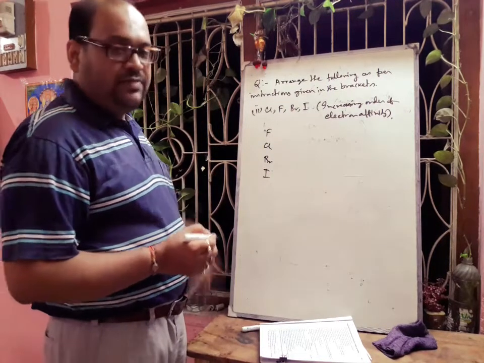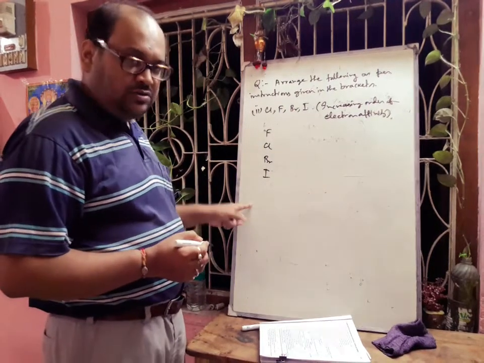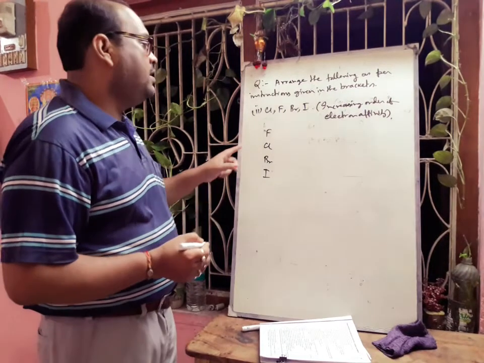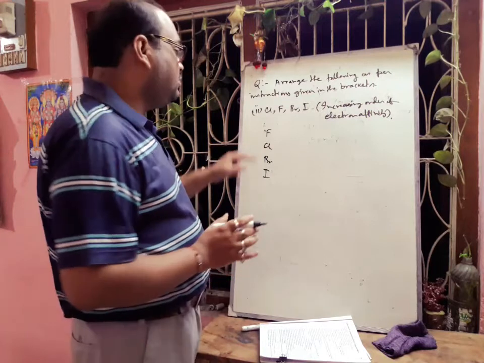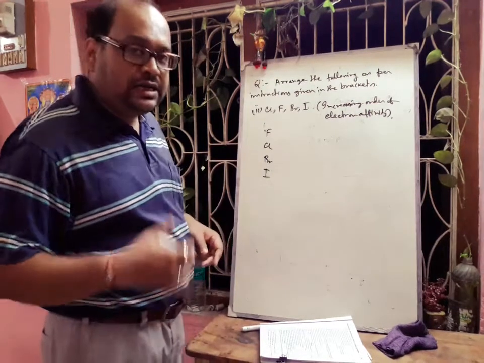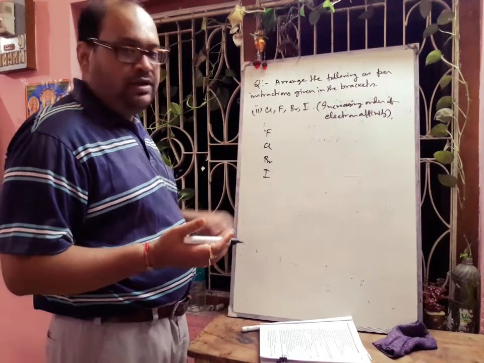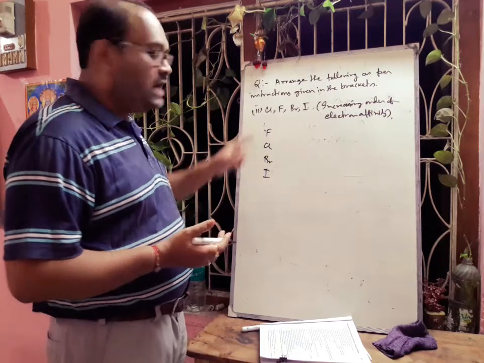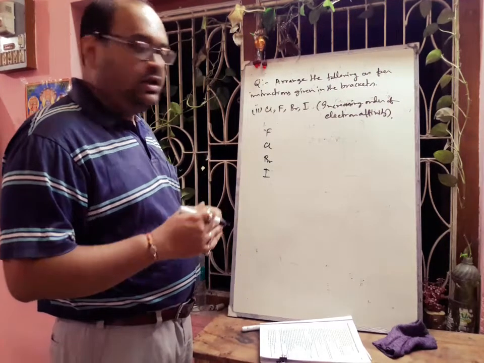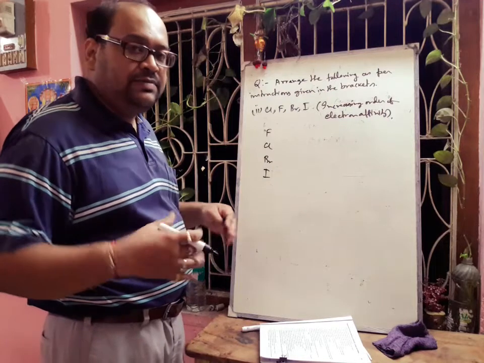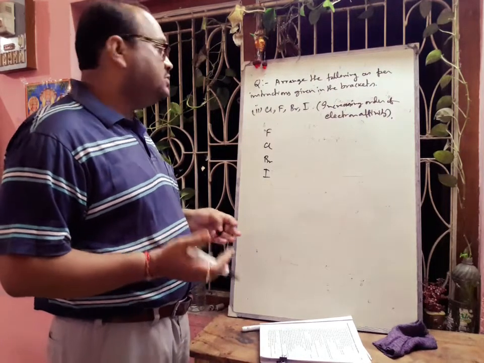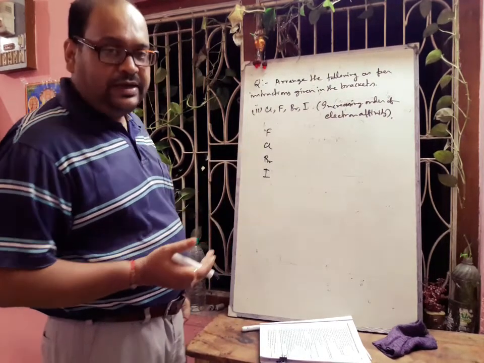But here there is some anomaly. If you write this order also, there will be no problem. But what will be the correct one? We have already discussed that chlorine has a higher electron affinity value compared to fluorine. Because fluorine's size is small, when an electron enters into fluorine it becomes F minus, and there will be repulsion, so it is unstable and chlorine's electron affinity is higher.